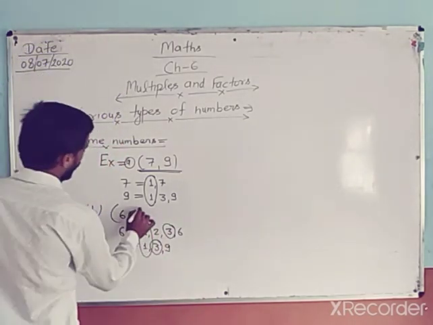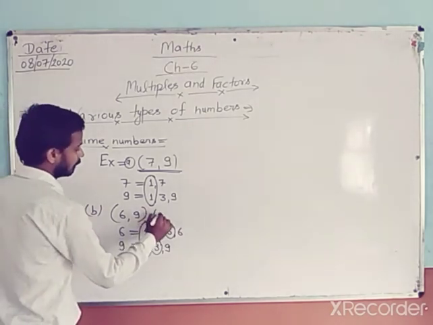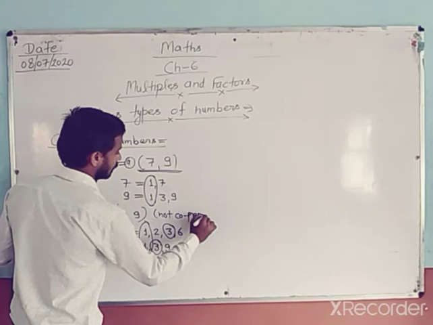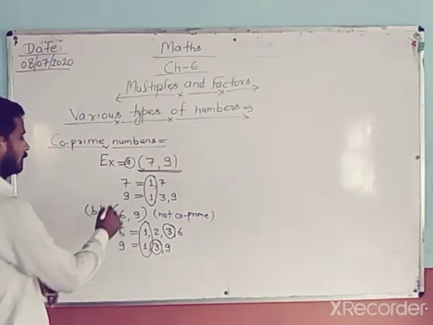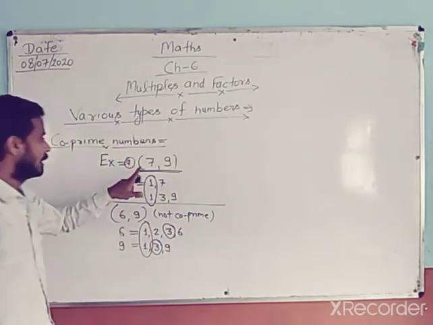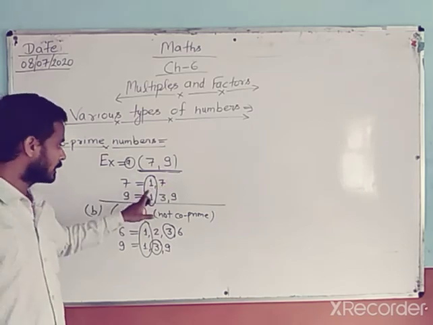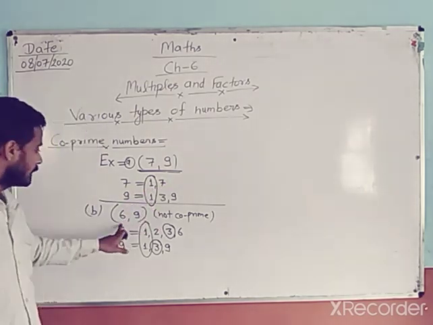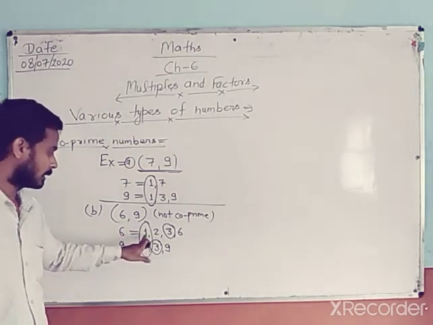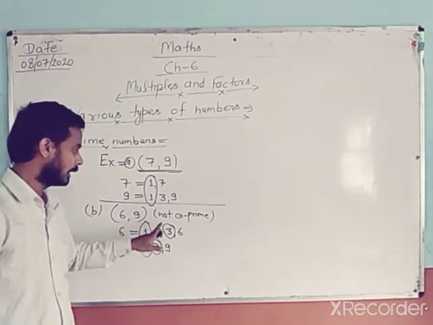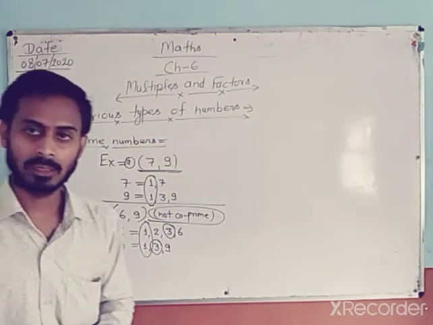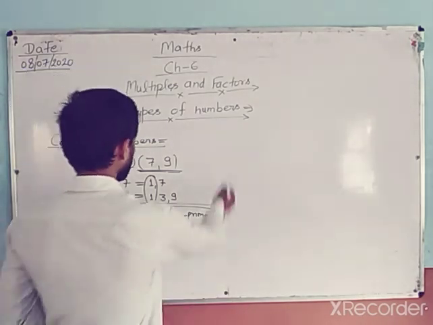So 6 and 9 are not co-prime. Clear? See, 7 and 9 are co-prime because they have only one common factor, that is 1. But 6 and 9 have two common factors, 1 and 3 also. That is why these are not co-prime numbers. Clear?